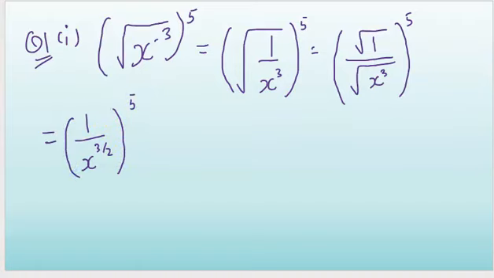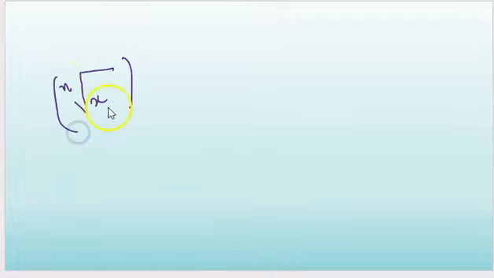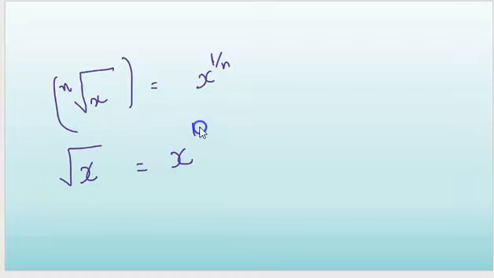I had already told you, don't forget this: nth root of x, when I remove the root sign, becomes x raised to the power 1 upon n. If it is the square root, when I remove it, it will be x raised to the power 1 by 2. If it is the cube root, then removing the sign gives x raised to the power 1 upon 3.